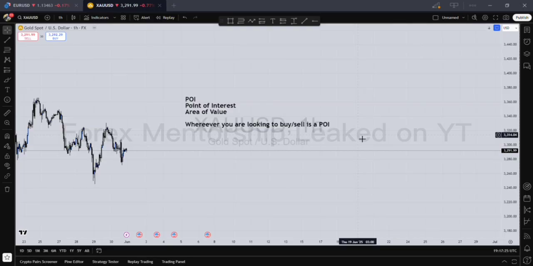Like me, the major POI that I use is order block and fair value gap. That is what I trade with.